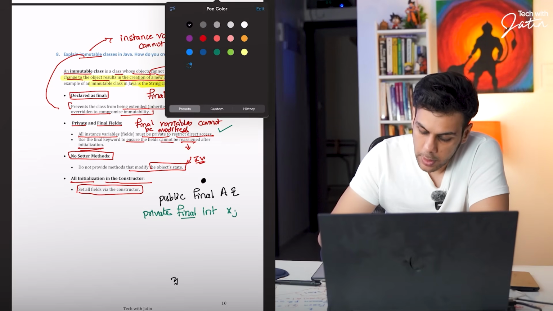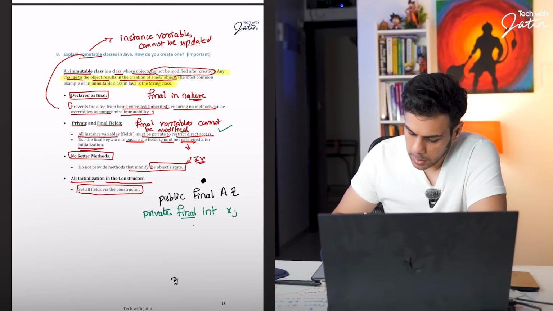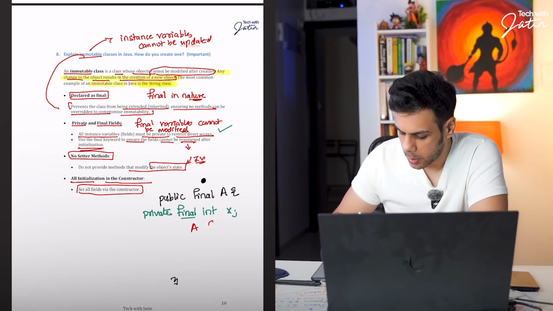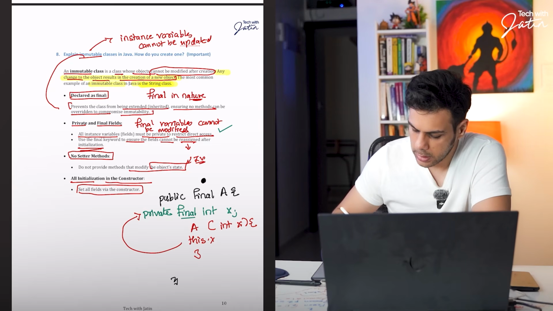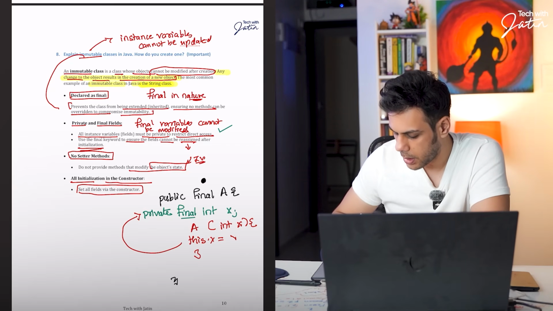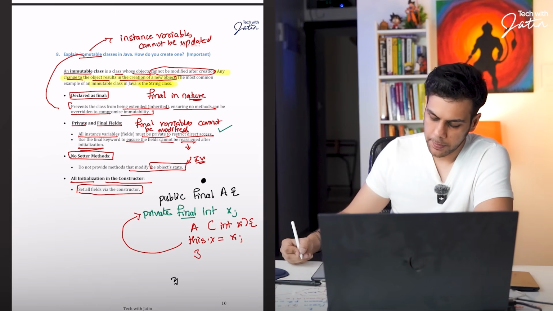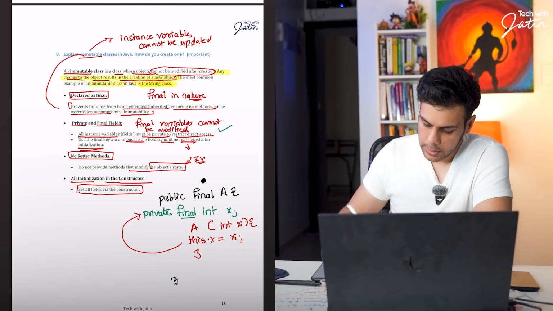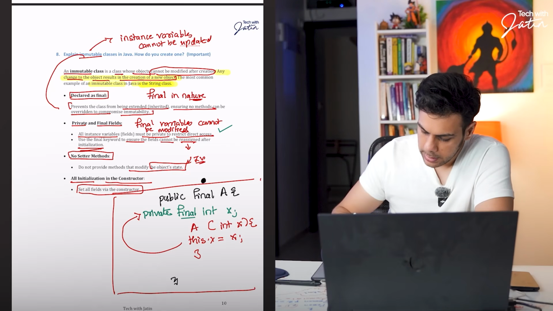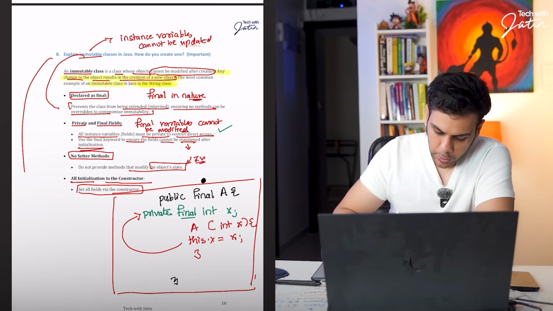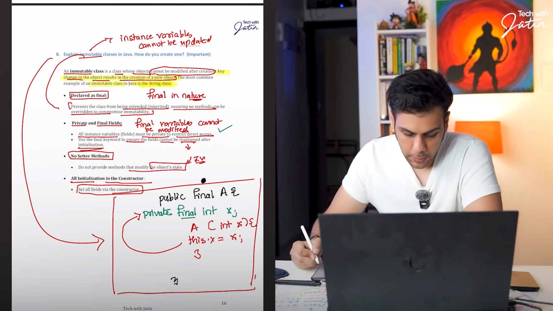We are going to have a constructor, with a parameter called X, and we say this.X, meaning the instance variable is initialized with whatever value is passed. Done. So this, my dear friends, is the sample immutable class in Java.